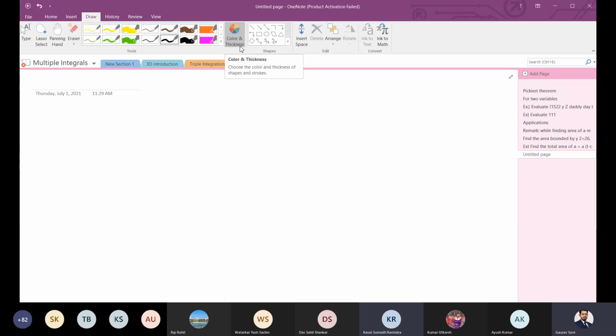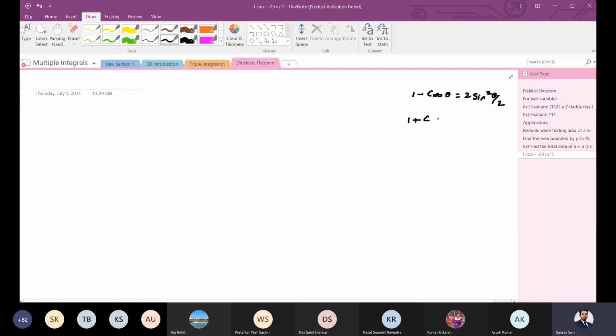Are you sure? 1 minus cos square is sin square. No, 1 minus cos theta, I'm saying. 1 minus cos theta is equal to 2 sin square theta by 2.